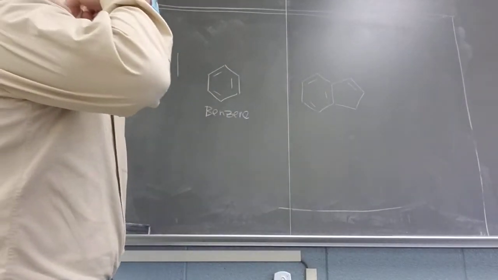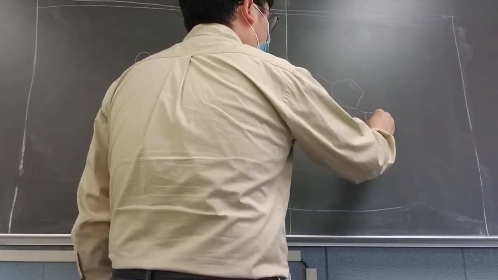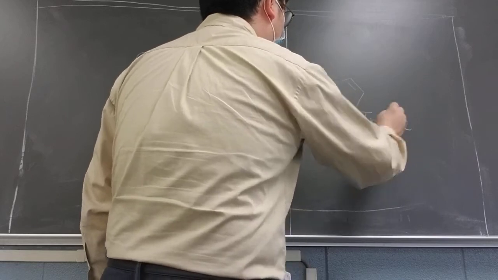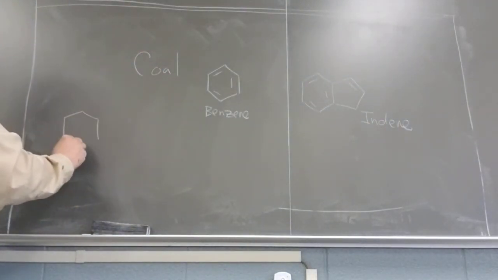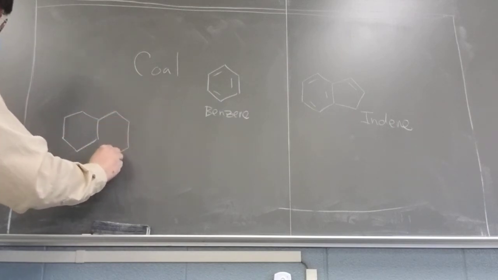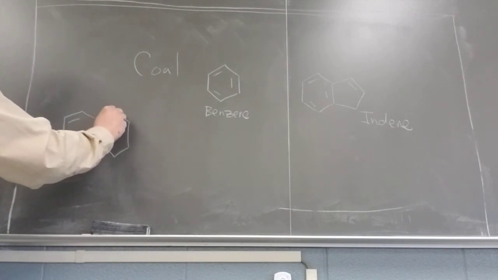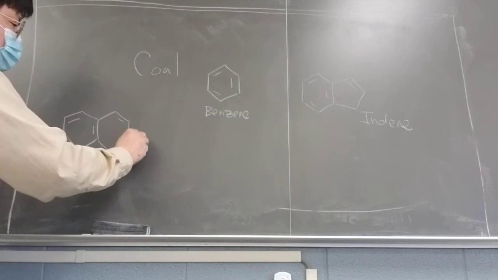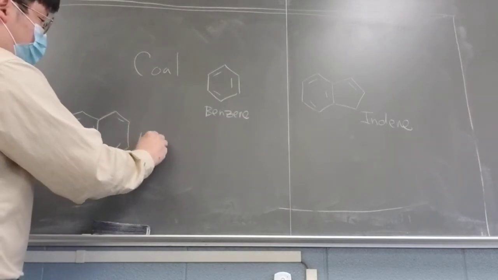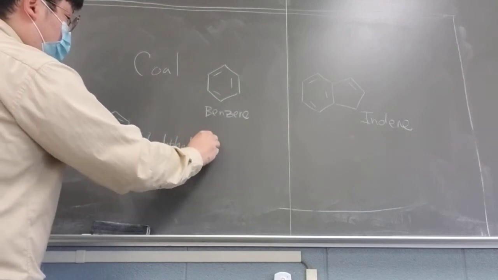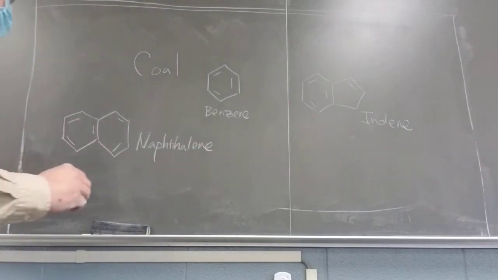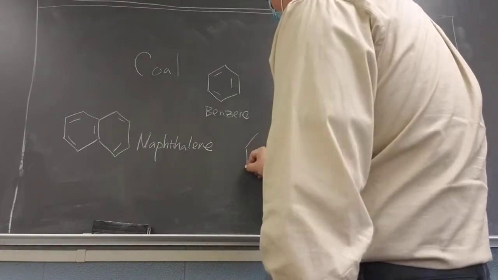This is the inulin. And then we have some bicyclic benzene. This is the naphthalene. We have three.